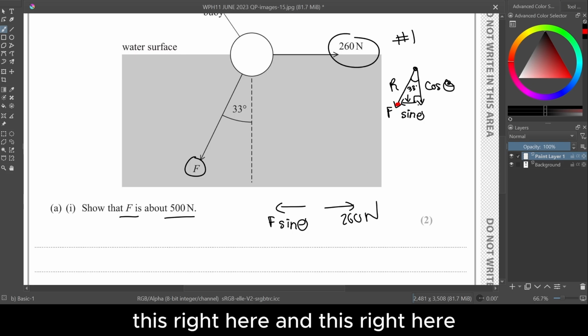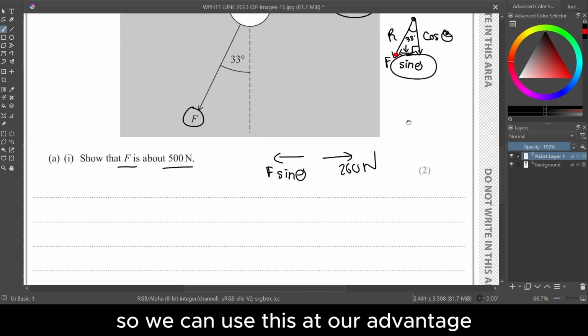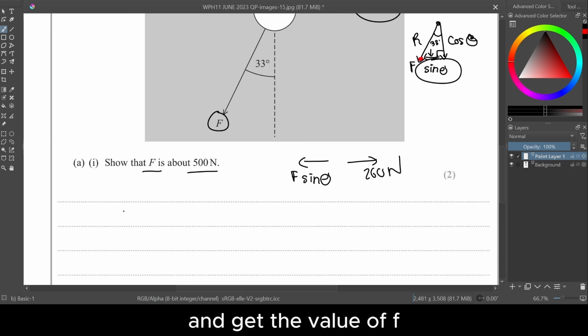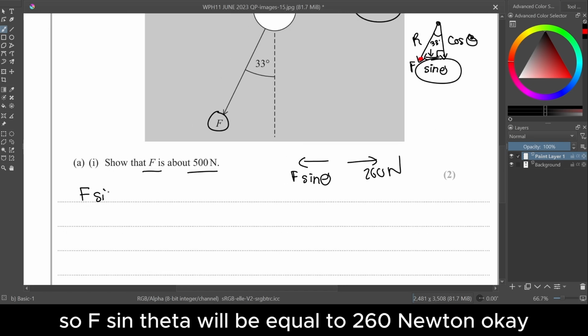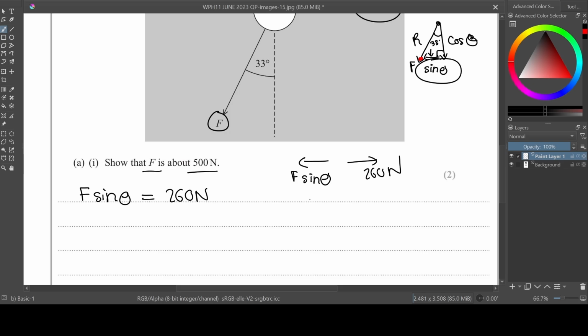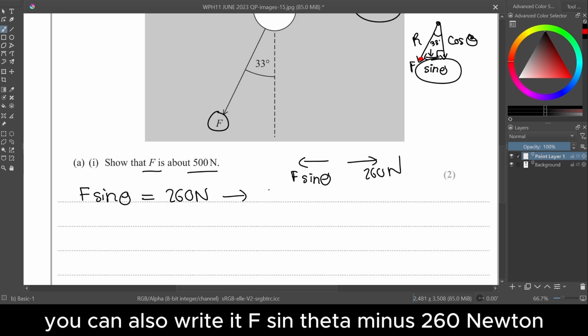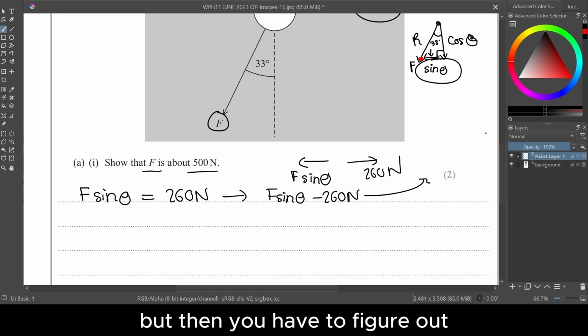We can use this to our advantage and get the value of F. So F sine theta will be equal to 260 newtons.